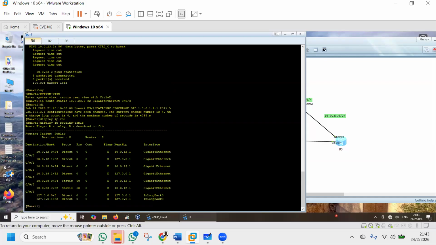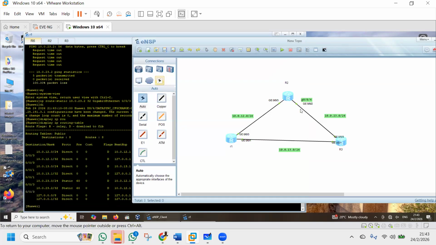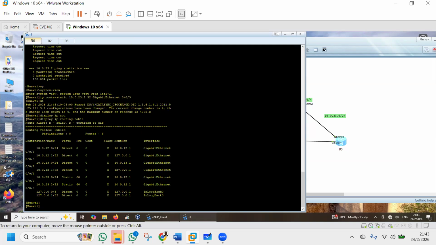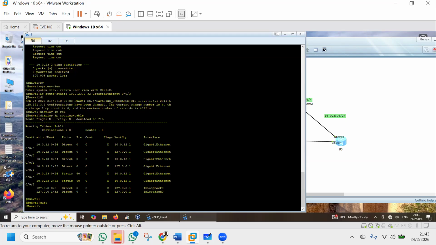This is the new route that I added. So we now have on R1 this network 23, this host 23.2, which is the IP address of the interface. So now that the route is in the table, let's try to ping again.